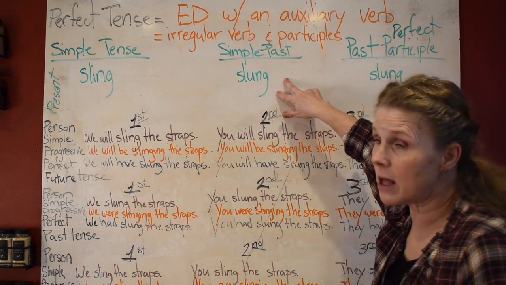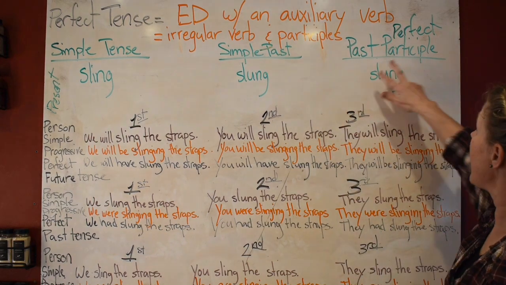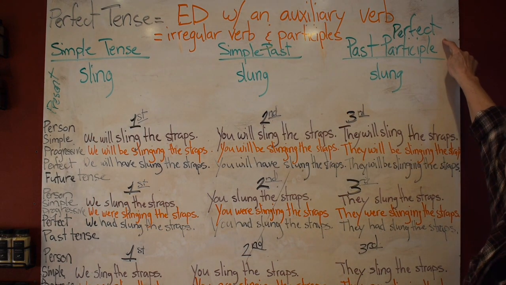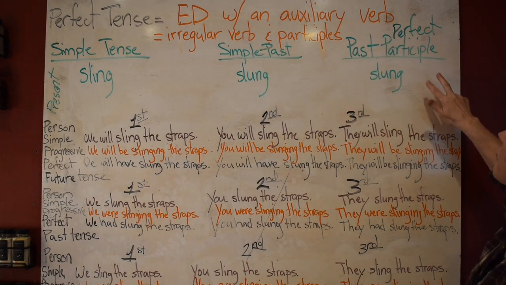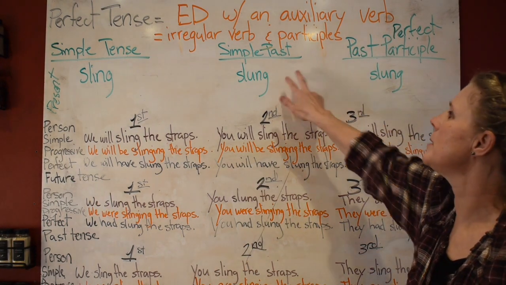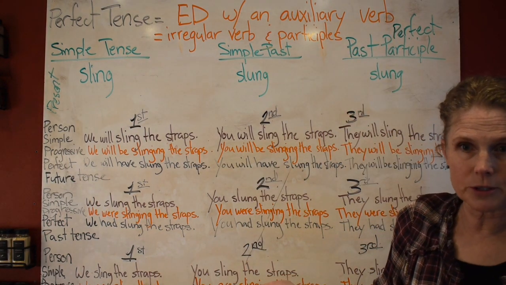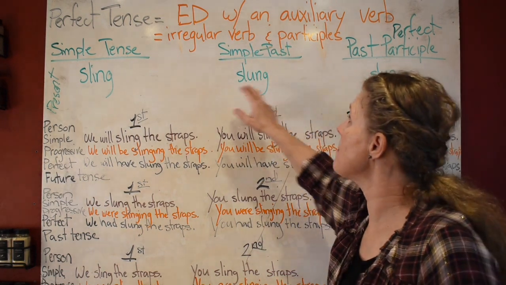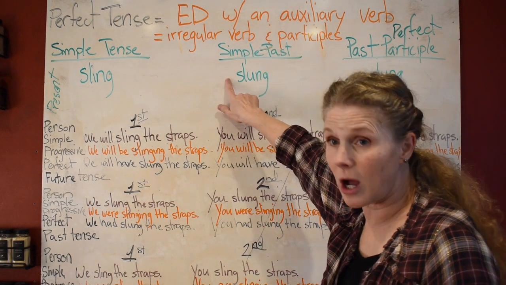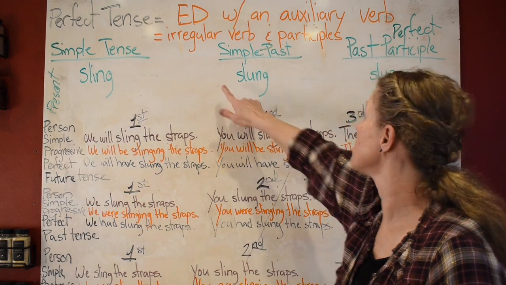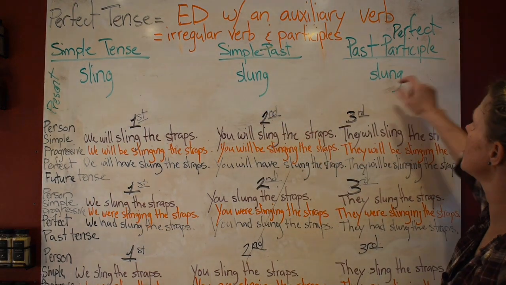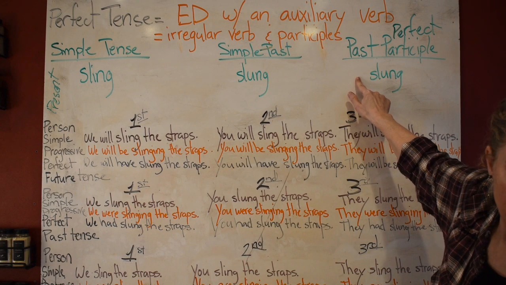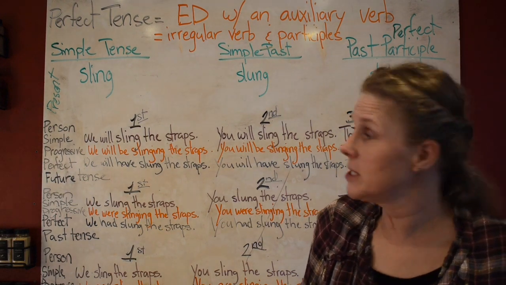It is slung, and your past participle, this would be the perfect tense, it's slung. These will be easier because they're the same word. You just need to remember that the simple past does not take an auxiliary verb, and the perfect takes the auxiliary verb. That's the difference. You need to remember that.